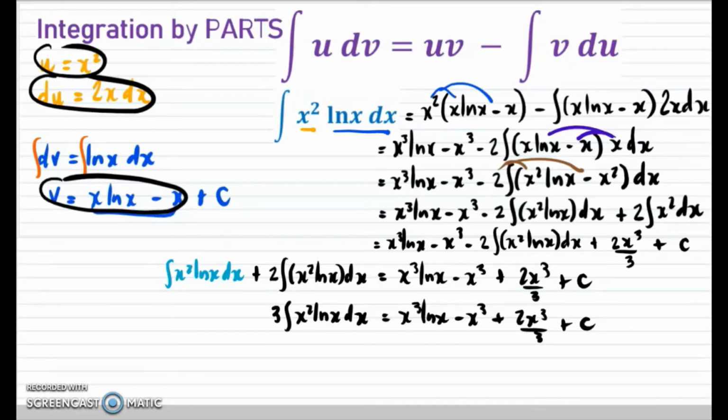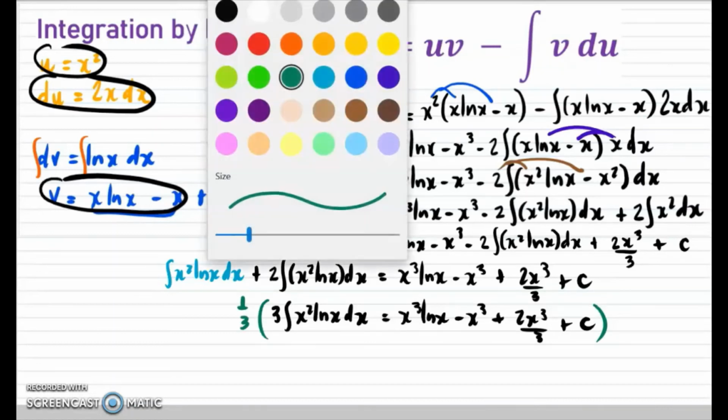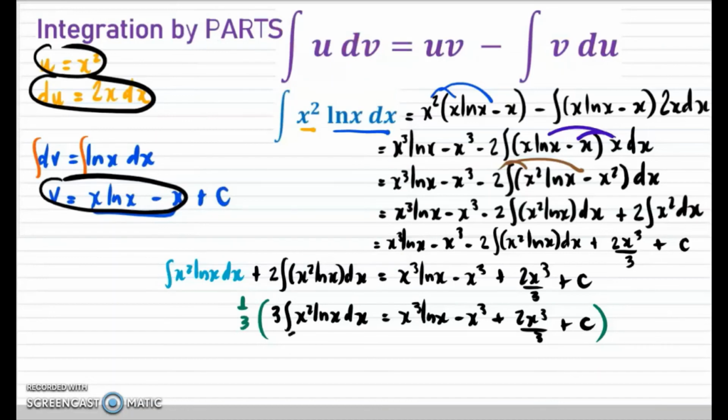And if we divide both sides by 3, or if we multiply both sides by 1/3, which is the same thing, then we have the integral x squared ln x dx is equal to, let's multiply every term by 1/3.